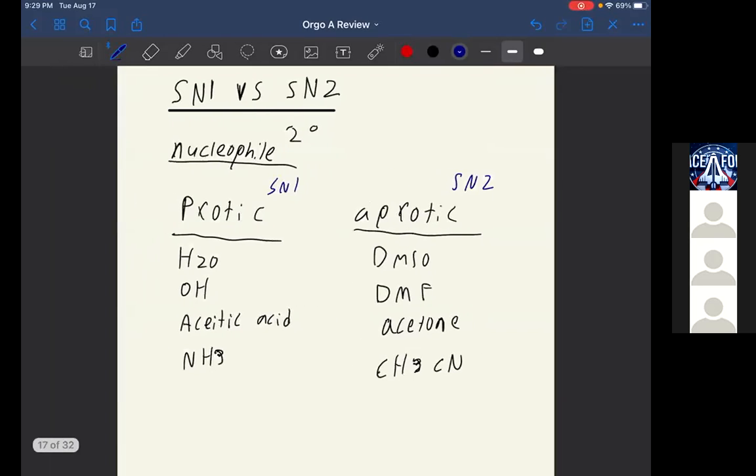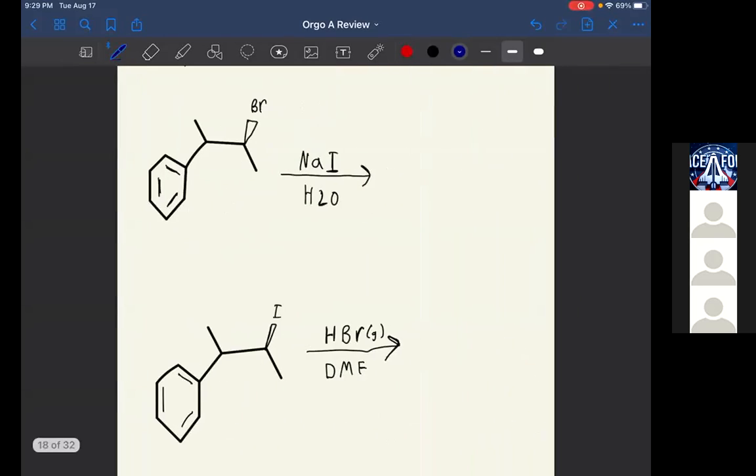So I'm going to go on and now do the practice problems. What's going to happen for this first problem? I'll draw it out. Like I said, Na is ionic, so this actually carries a negative charge on it. This is a weak good nucleophile, which is iodine.